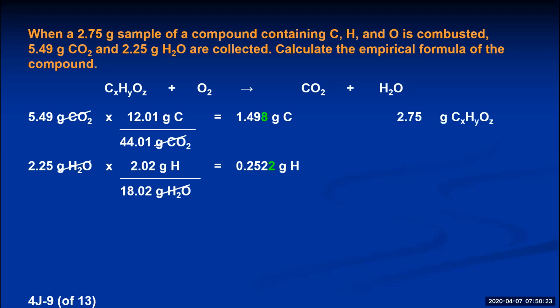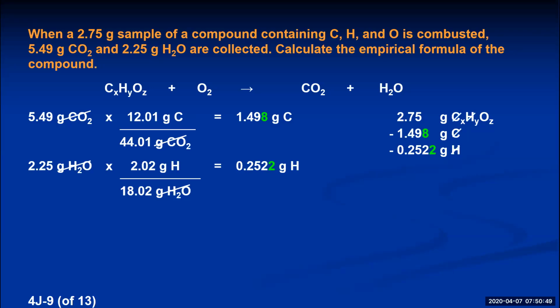If we know that the mass of the compound that was burned was 2.75 grams, and we've now calculated how much of that is carbon and how much of that is hydrogen, we just have to subtract those, and we're going to get how much is left over, which has to be the mass of oxygen. So if we subtract the 1.498 grams of carbon and the 0.2522 grams of hydrogen, that actually cancels out the carbon and cancels out the hydrogen.